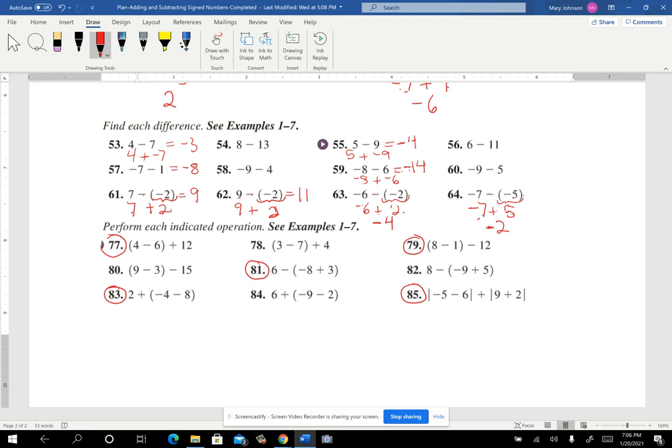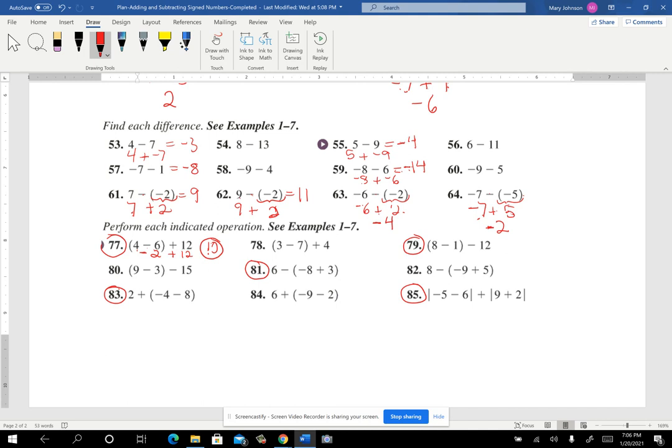All right, so here we have 4 minus 6 in parentheses, so we should start there. So we have $4, but then we owe 6, so we're going to be in the hole 2. All right, so we have a debt of 2, but then we have $12, so I can use that $12 to pay off my debt, and what I'd have left is $10. So my answer would be 10.